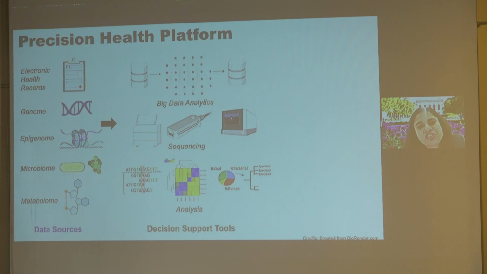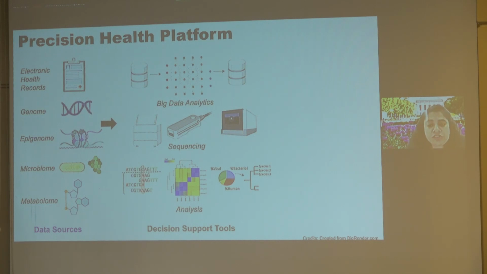There should be some way to digitize it, right? That's when we can actually build a system around it. So there has to be a digitization process, which is where sequencing comes in. Sequencing is a way to digitize genome and even epigenomic data like RNA. And then we have decision support tools which use this digitized information and do analysis on it.